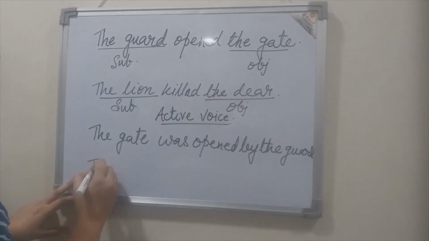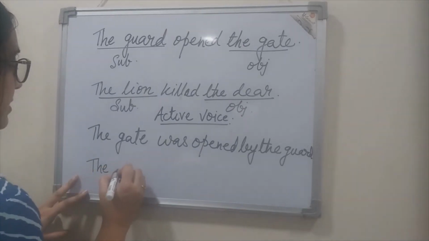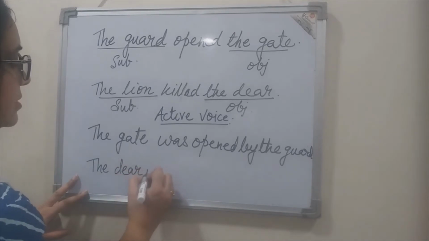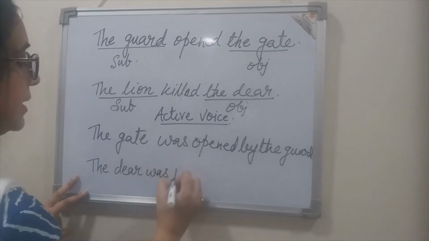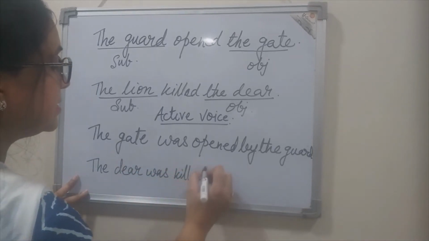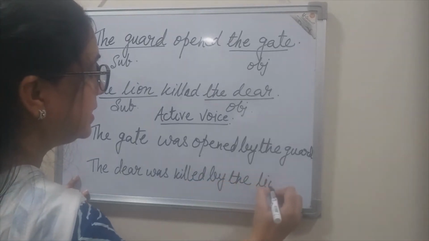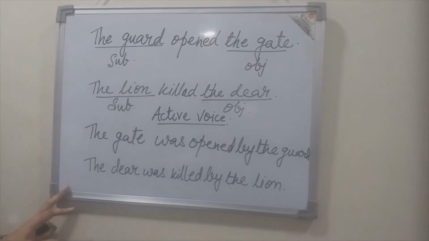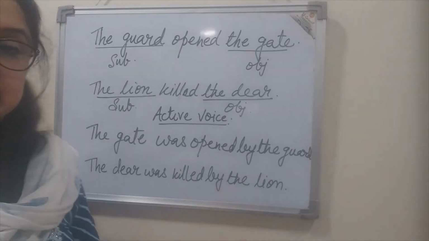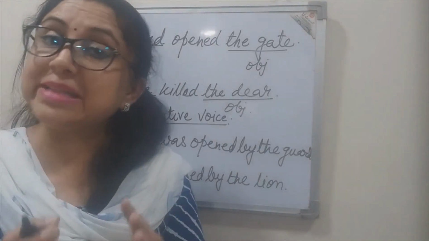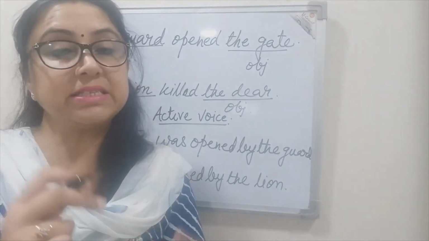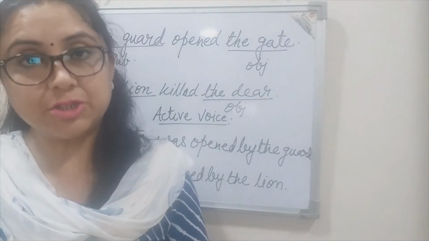If we change the structure of the sentence into the deer was killed by the lion. Now, in these two sentences, the meaning remains the same, but the structure undergoes a change, isn't that?